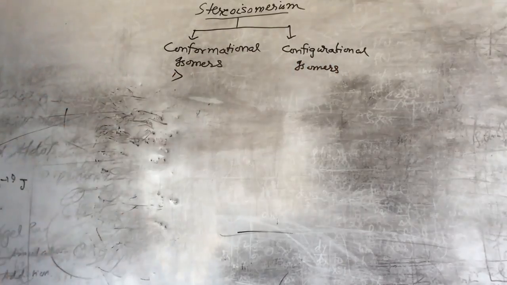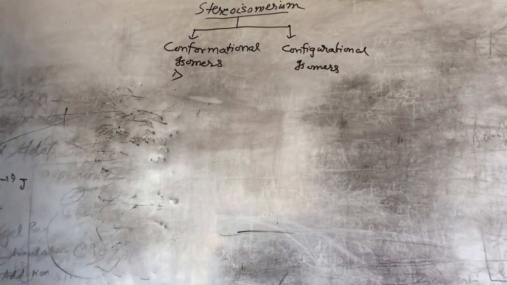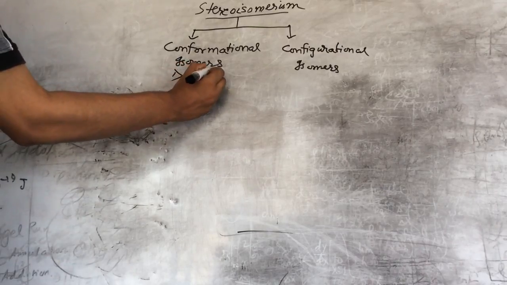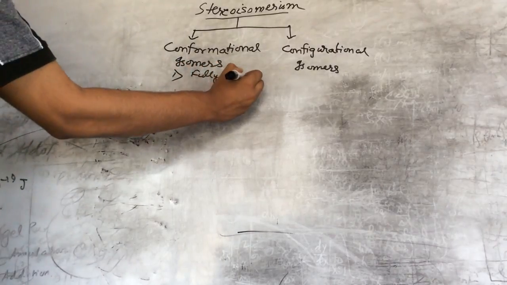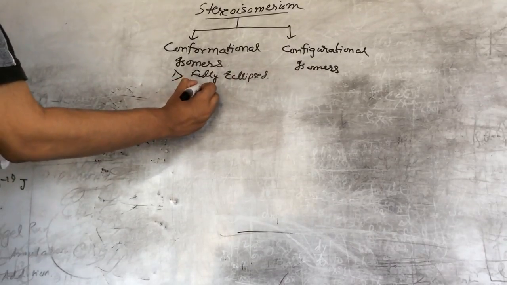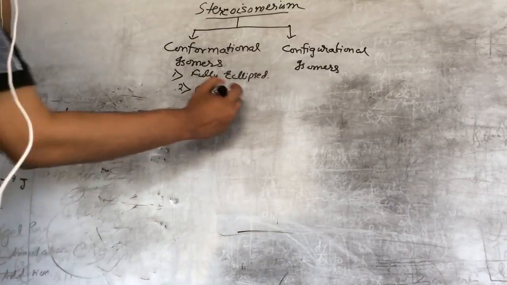Under the conformational isomers, there are some definite standard conformers, that is the fully eclipsed, the gauche you can say. In the original pronunciation it is gauche.